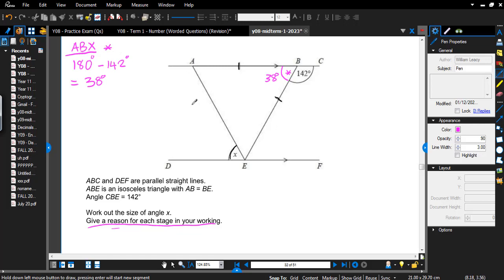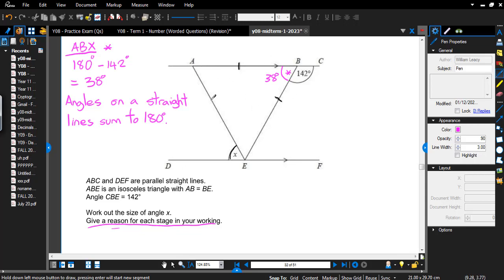So for star, 180 minus 142 is 38, and the reason is angles on a straight line sum to 180 degrees. All lines in maths are straight; if it's not straight, it's called a curve.